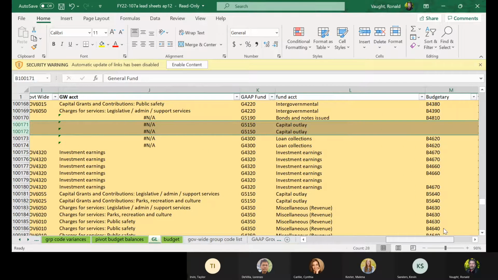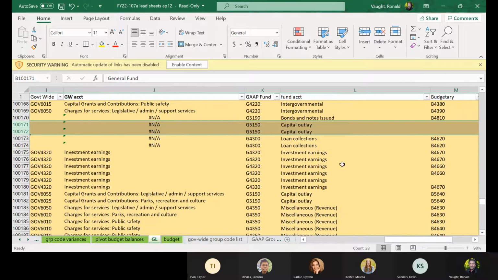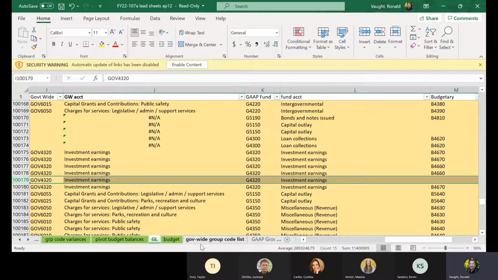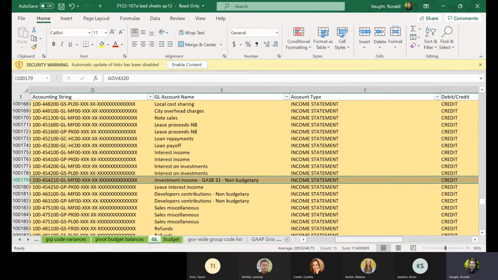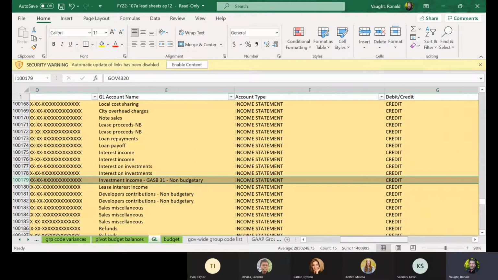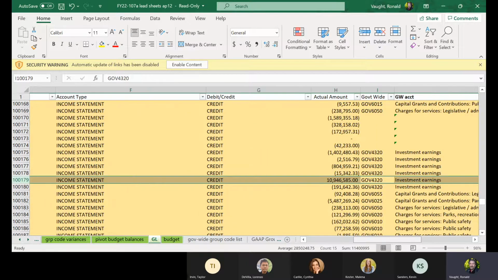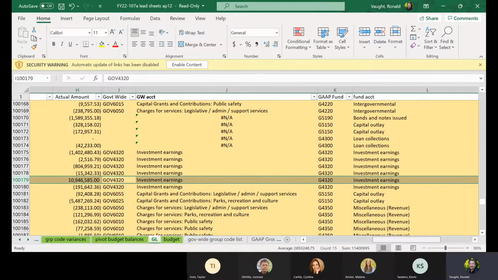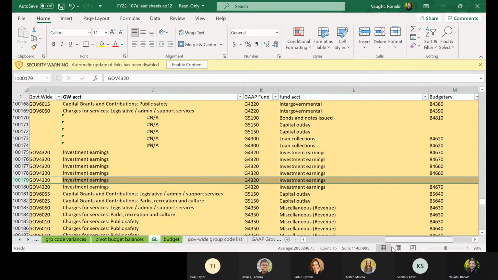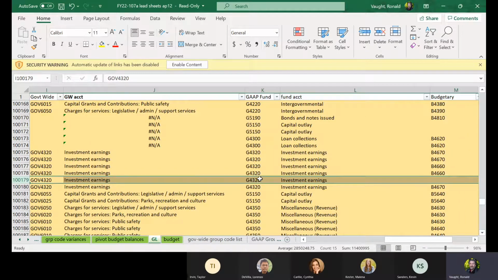So not having a budgetary group code makes sense. But to double check, here's another one where it doesn't equal. That happens to be the mark-to-market entry. Like we just talked about a little bit ago, we don't do the mark-to-market entry for the budgetary basis. So it makes sense that there is a GAAP group code, but not a budgetary group code.